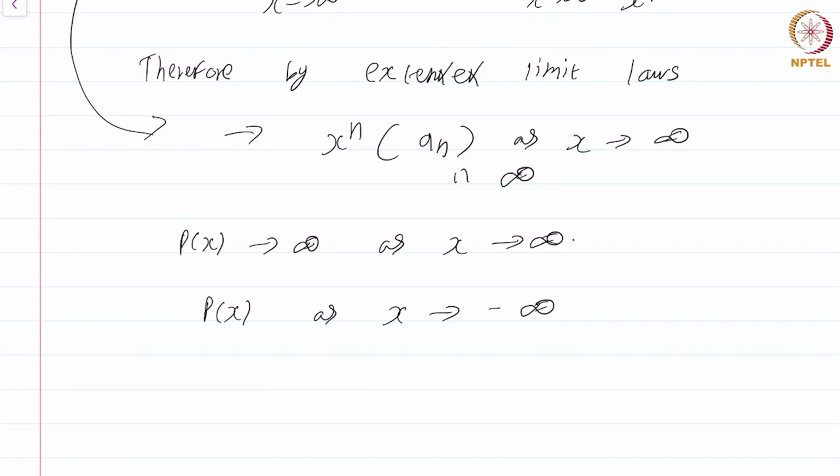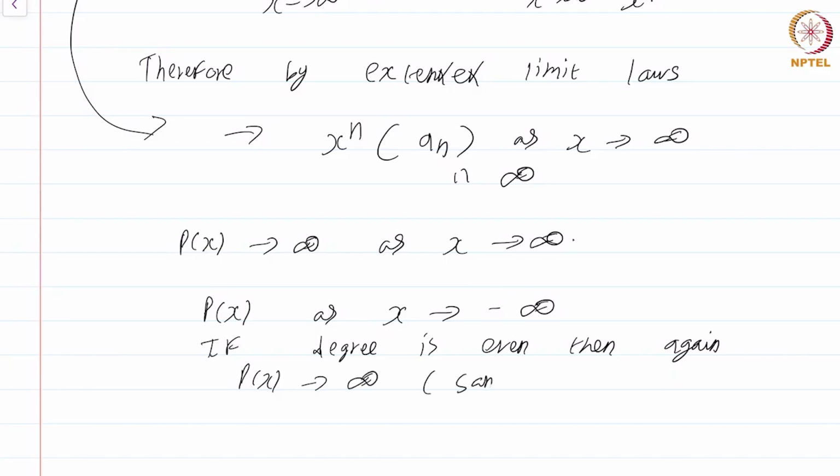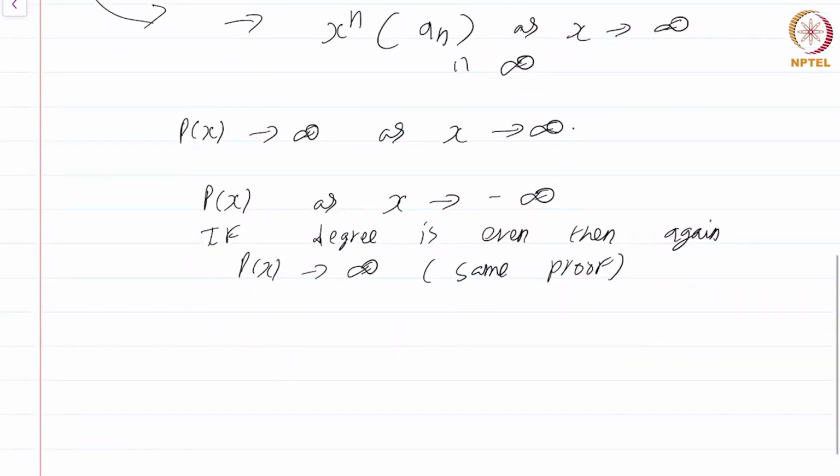Well, it depends on the degree. If the degree is even, then again p of x converges to infinity. The same proof will work. If the degree is odd, then p of x converges to minus infinity.